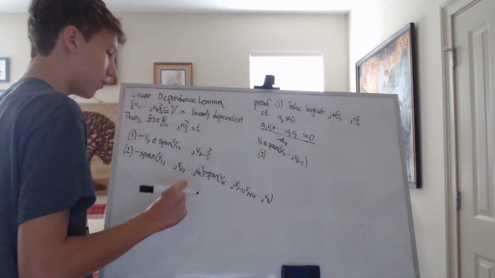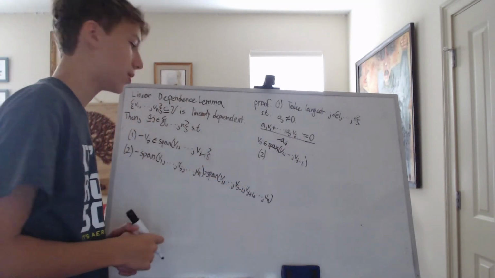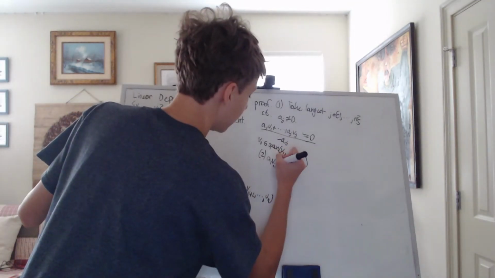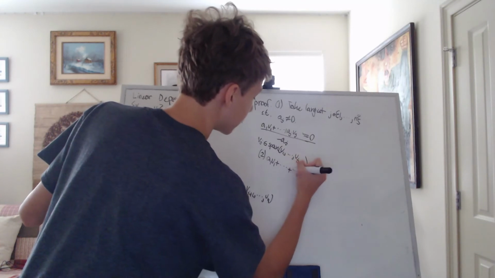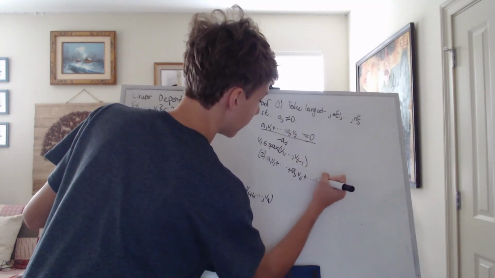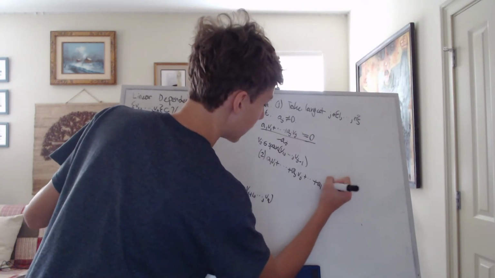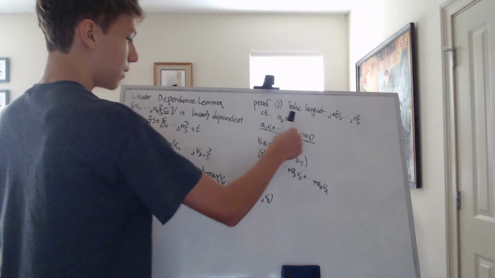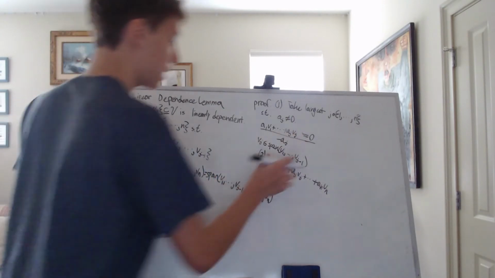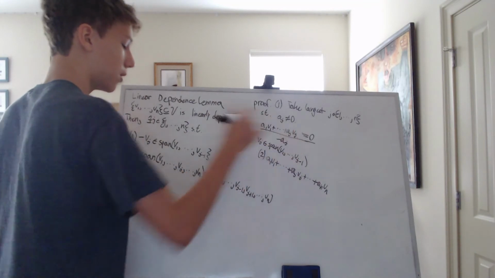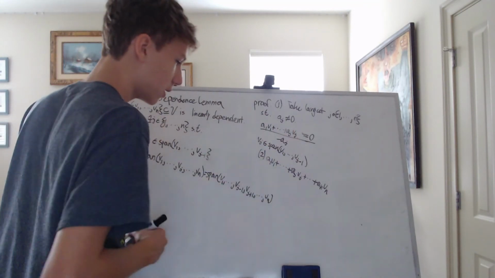So in general, if we take the entire linear combination, I'll write it out, a1 v1 plus dot dot dot plus aj vj plus dot dot dot plus an vn, we can replace vj by this linear combination that we found for vj, just by dividing both sides by that and adding.